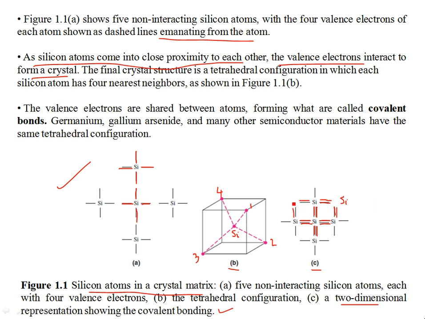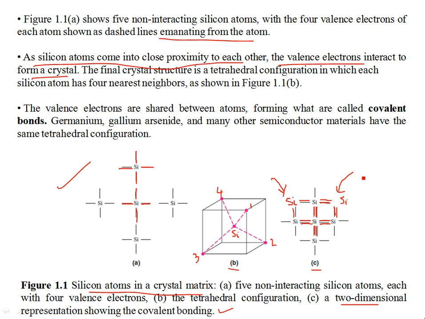So you can have very large single silicon crystal lattice structures, because valence electrons are always going to be present on the outer edges. You're going to have these valence electrons available, so all other silicon atoms can join in, and you can have very large crystal structures of silicon.